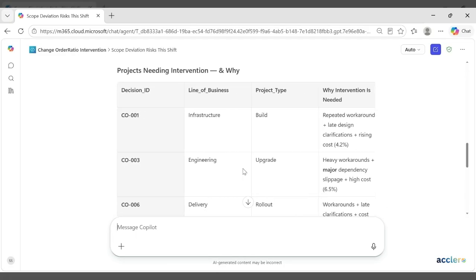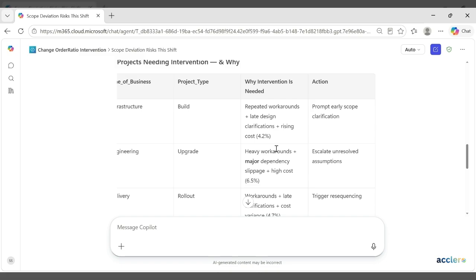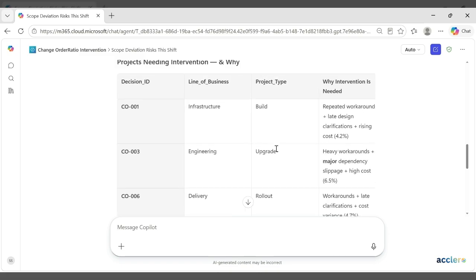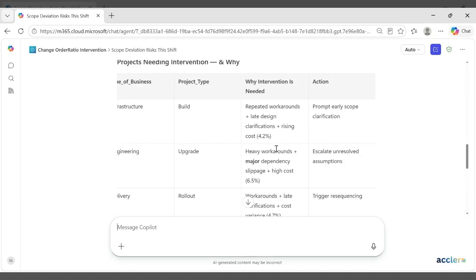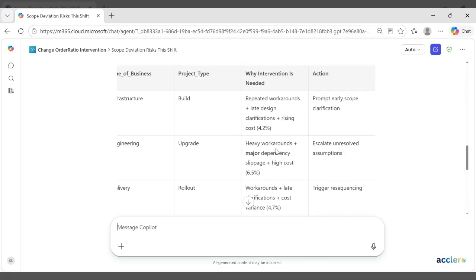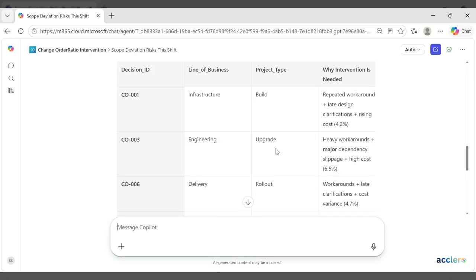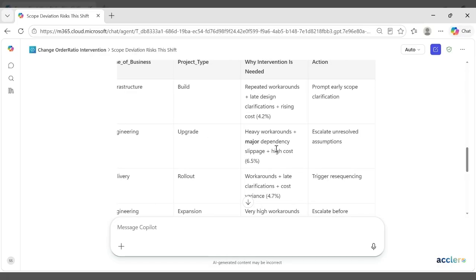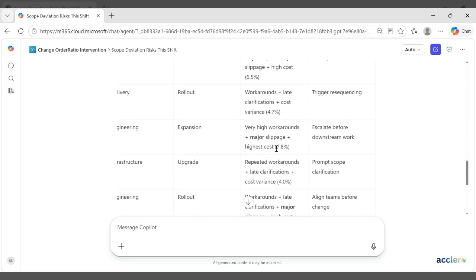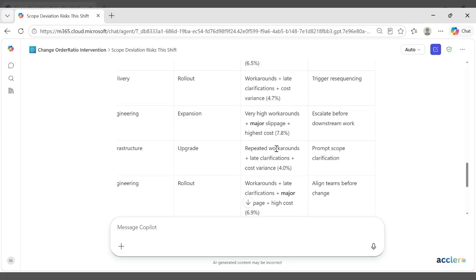All the listed entries are at high risk and need immediate intervention, with triggers like major dependencies, repeated execution workarounds, and early cost variance. So the agent doesn't just flag risk, it highlights the primary trigger, making it easy for teams to act quickly.